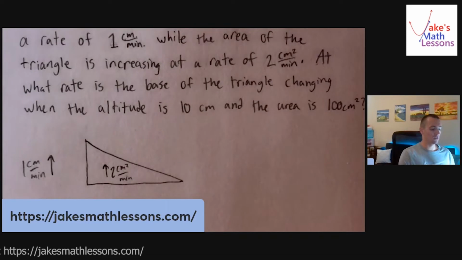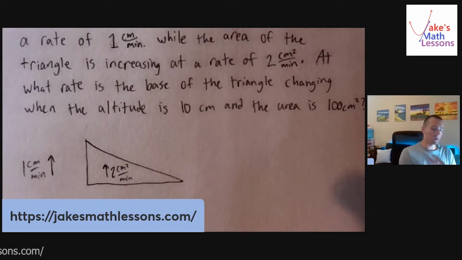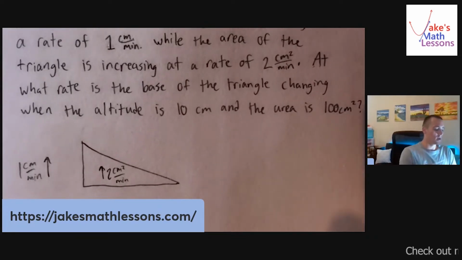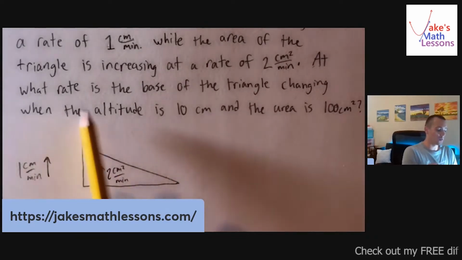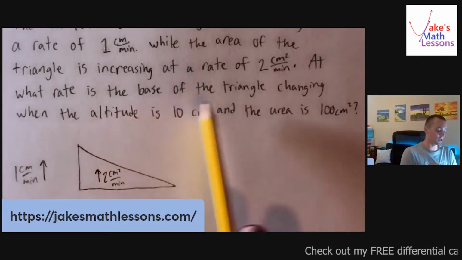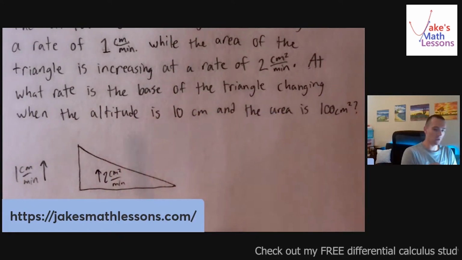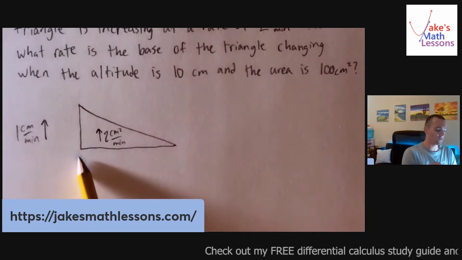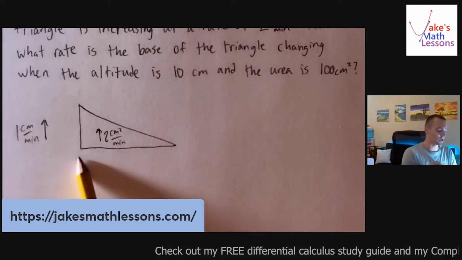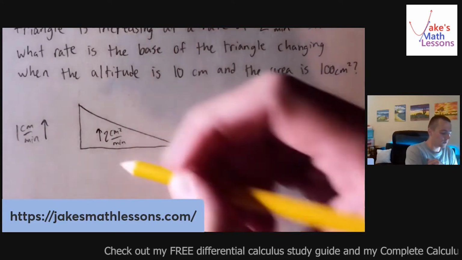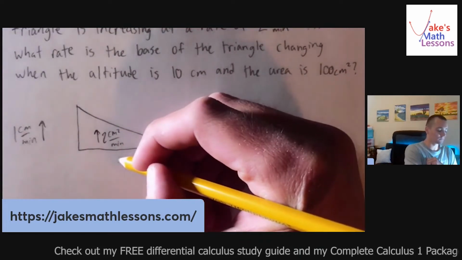So the first thing that you want to do is think about what is the measurement that the question's actually asking us to figure something out about. And in this case, it asks, what rate is the base of the triangle changing? So we know that we're going to try and figure out something about how fast this length right here is changing. So we're probably going to want to label this side at some point.